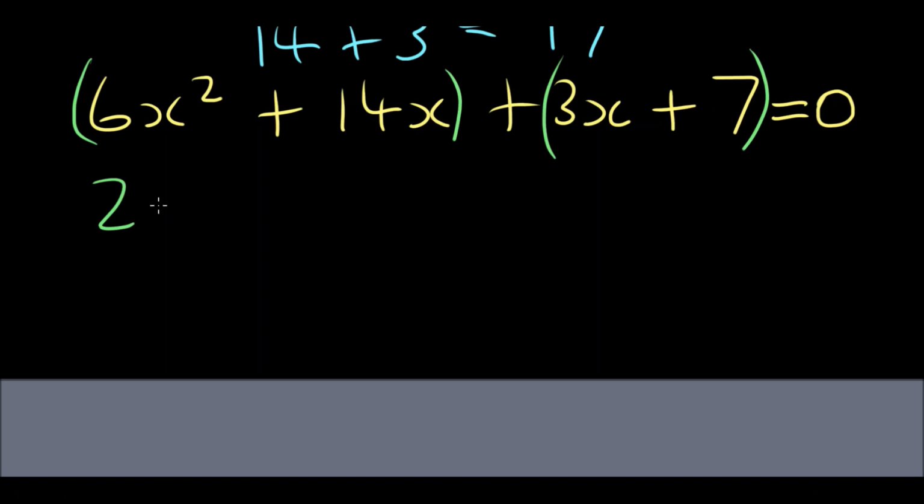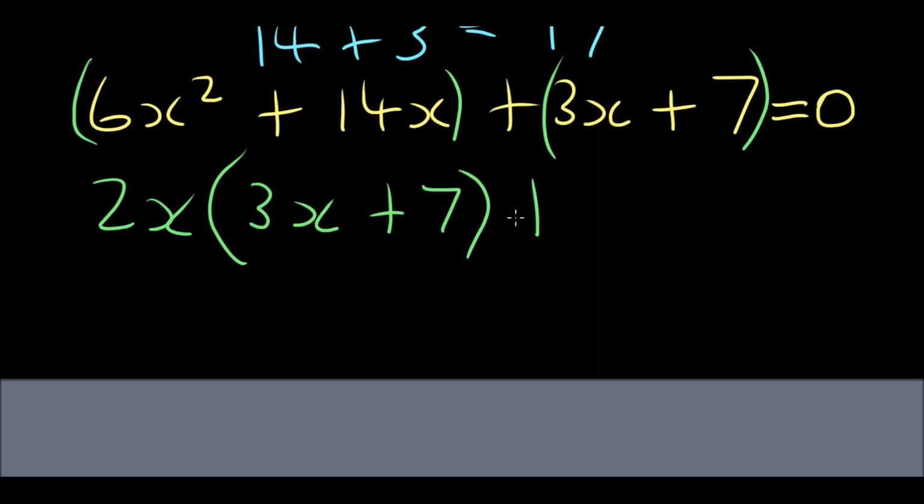Let's try that. 2x. So that would be 3x in there, plus 7, plus, what's the common factor for the second one? 3x plus 7. There is no common factor, is there? So 3x plus 7.